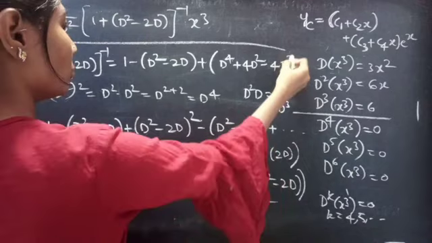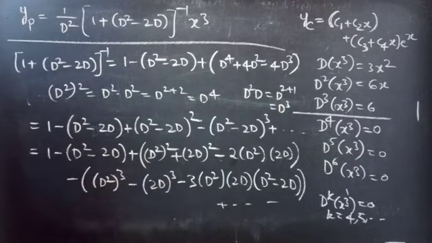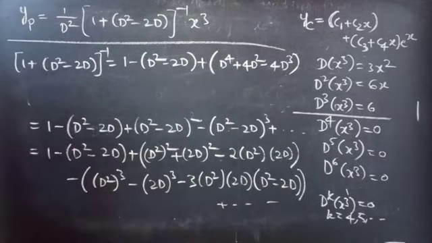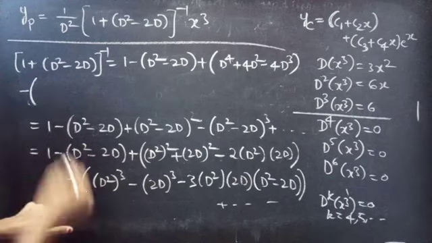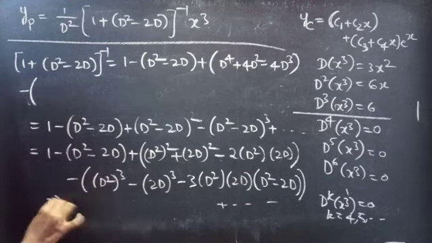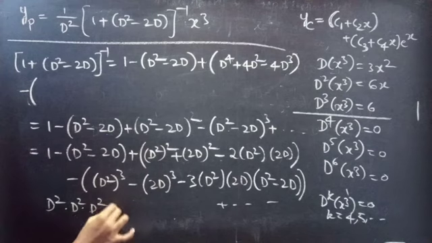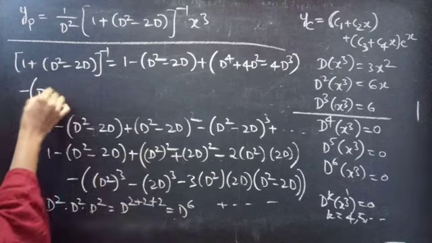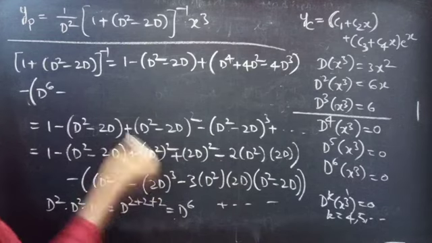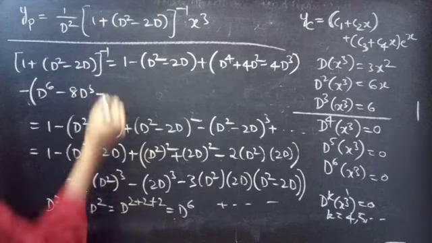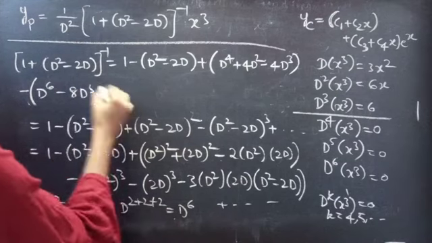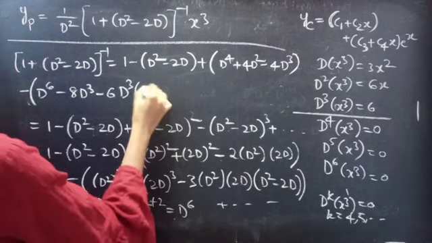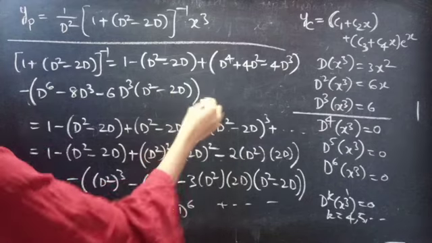You'll get d³ here. Minus (d²)³, which is d² into d² into d², d to the power 2 + 2 + 2, d⁶, minus 2³d³, 2³ is 8 into d³, minus 3 twos are 6, d² into d is d³, into (d² − 2d), right? Plus so on.